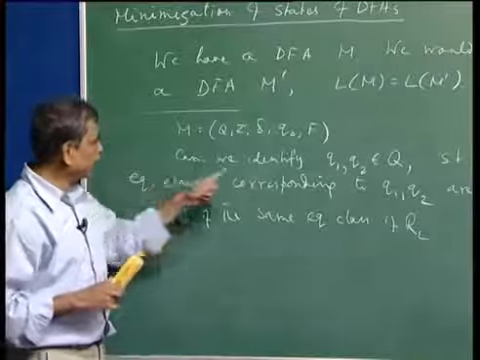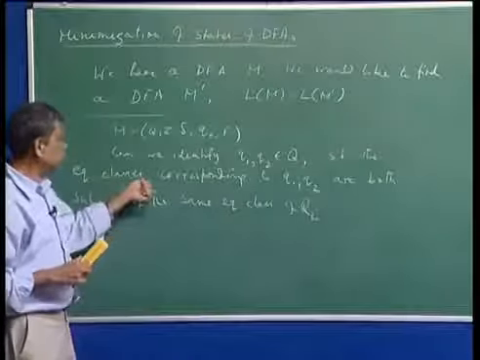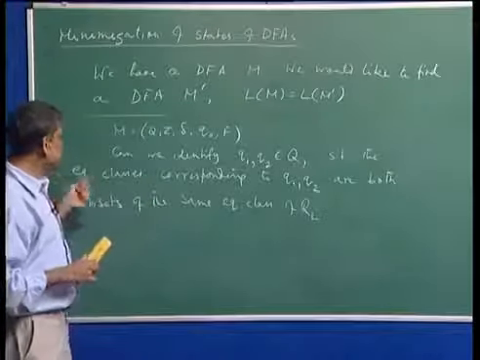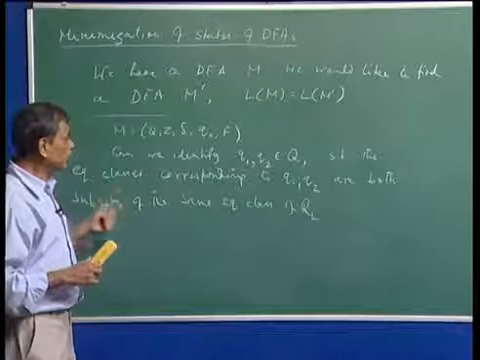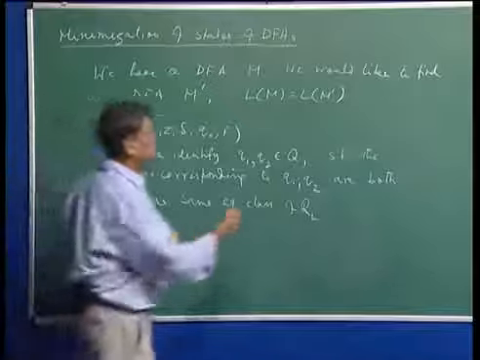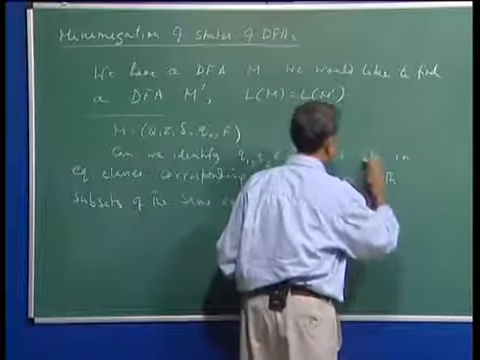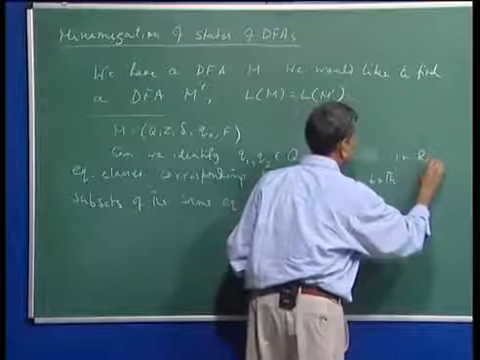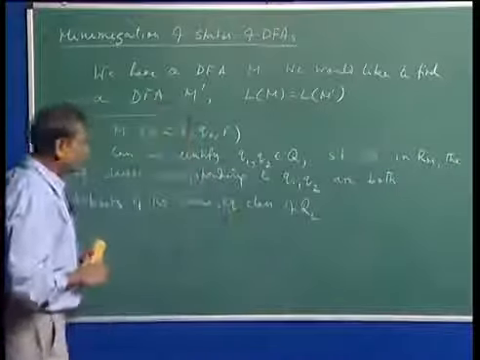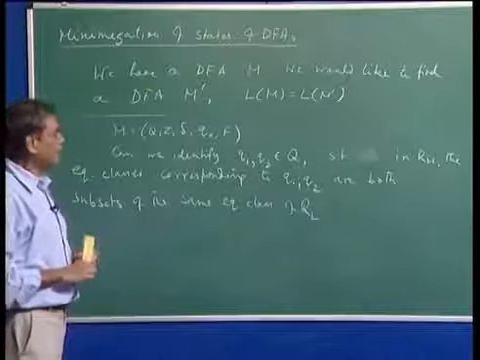When I say can we identify Q1, Q2 in Q such that the equivalence classes corresponding to Q1, Q2, here we are talking of the equivalence relation Rm. So, let me write it clearly: such that in Rm the equivalence classes corresponding to Q1 and Q2 are both subsets of the same equivalence class of RL.